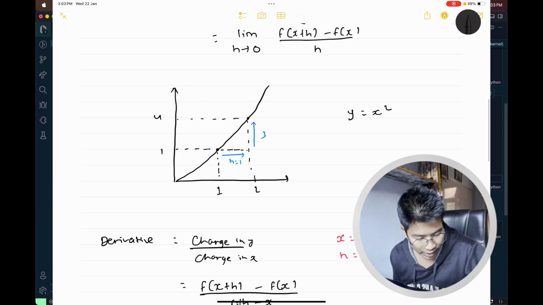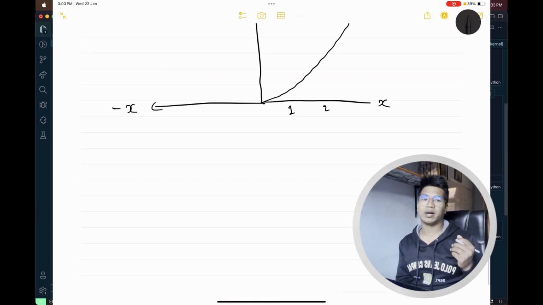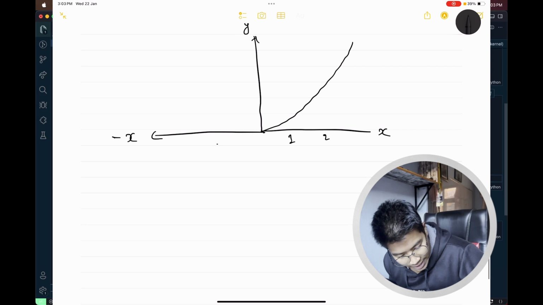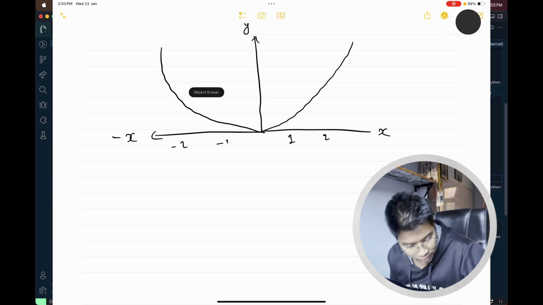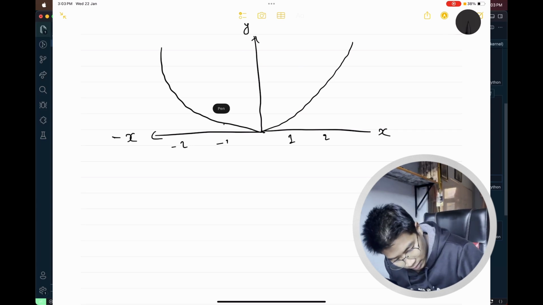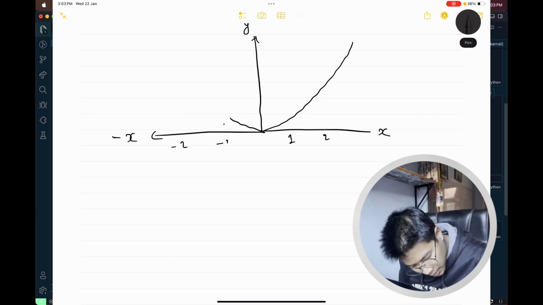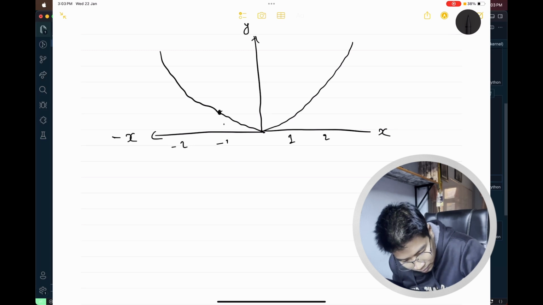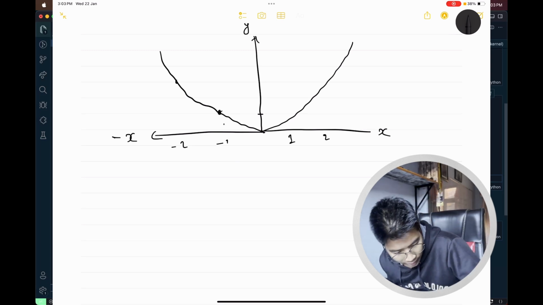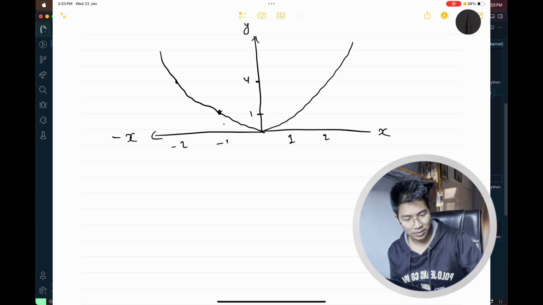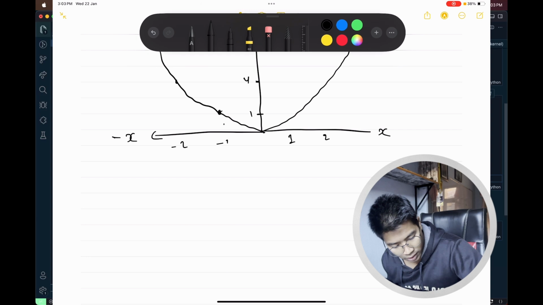What if I plug in my x as negative 1 and negative 2? What happens to my y value is you'll see something like this. Let me make a better graph. You will still see your y would be 1 and 4.